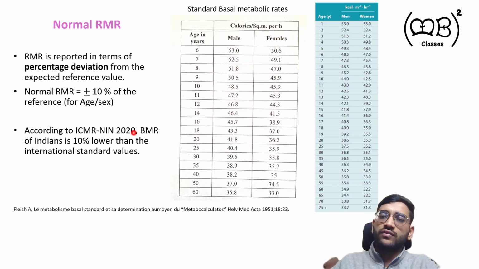So whatever we get from these reference values, we subtract 10%. That would be the expected BMR of an Indian person, and then we calculate the percentage deviation from that expected value. If it lies within plus minus 10%, it would be a normal BMR, or otherwise we can get an increased or decreased BMR.